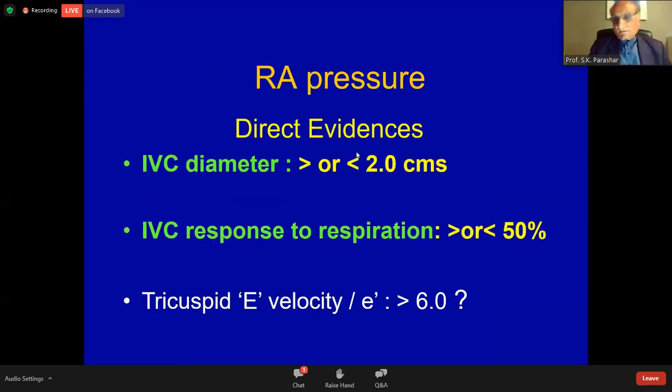Then coming to the RA pressure, this is very well known to you. The direct evidences we are talking about, mainly non-invasive, are the IVC diameter, whether it is increased or normal, and the IVC response to respiration, whether it is more or less than 50%, and like a left-sided lesion, a tricuspid E velocity divided by E prime ratio of more than 6 or so.